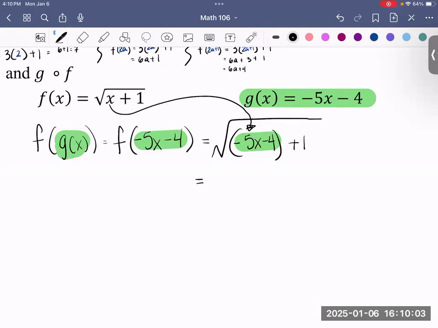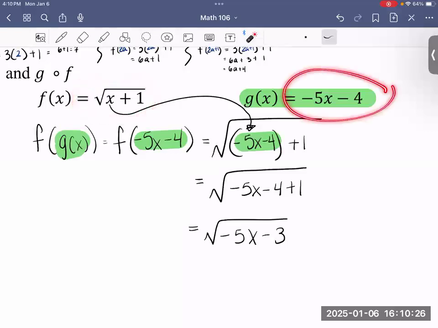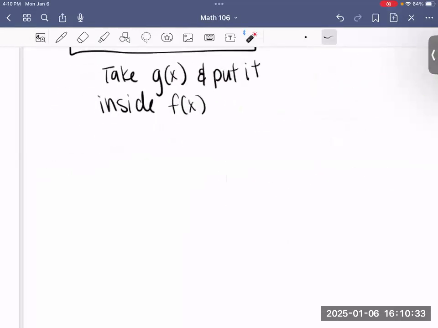So now, underneath the square root, I have negative 5x minus 4 plus 1. Cleaning it up, I have the square root of negative 5x minus 3. So we took this function, g of x, and we put it inside f of x. Now let's have you guys try it again.